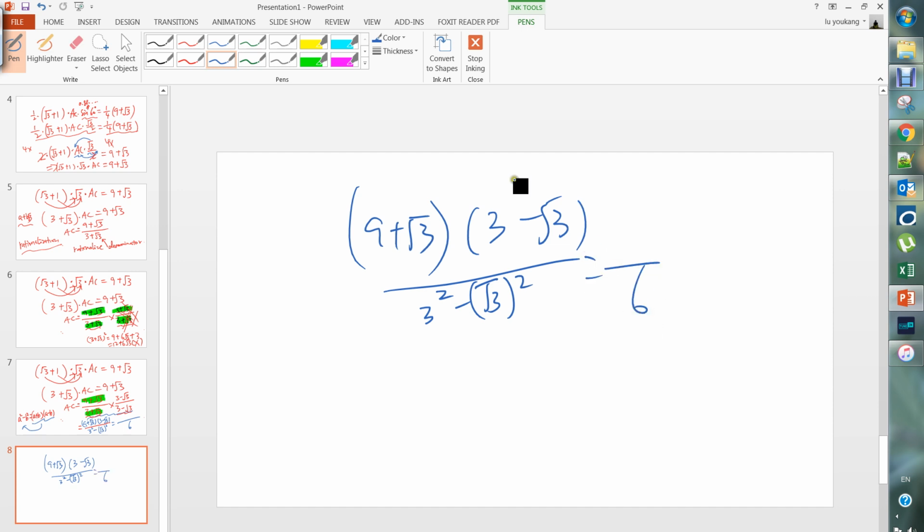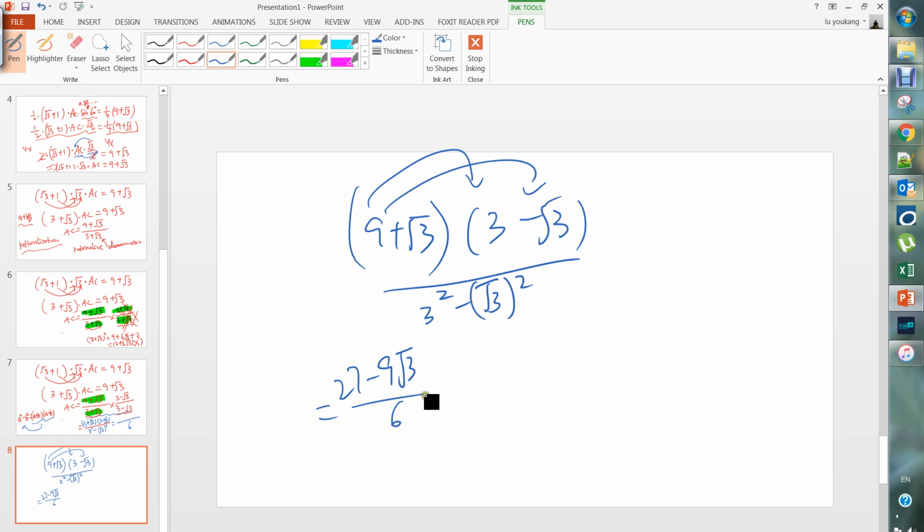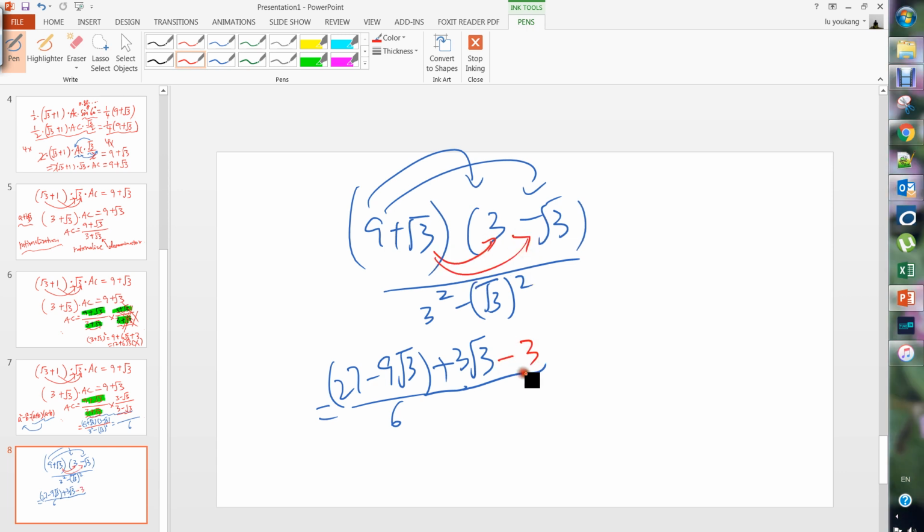So I get 6, and then here I just need to times 3, 9, 27 minus 9 square root 3 bracket, and then I get 3 square root 3, because I need to do this as well, and minus 3, right?